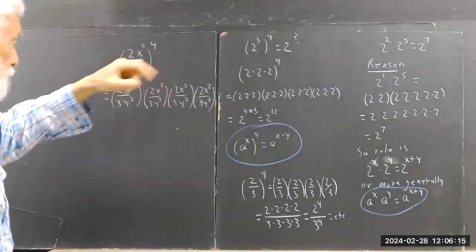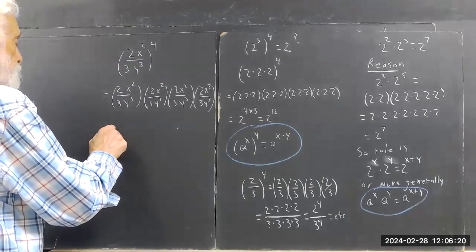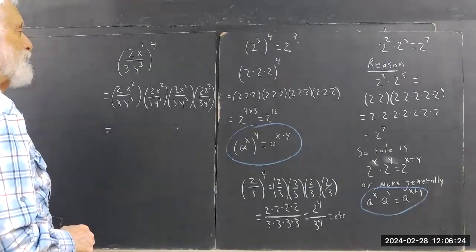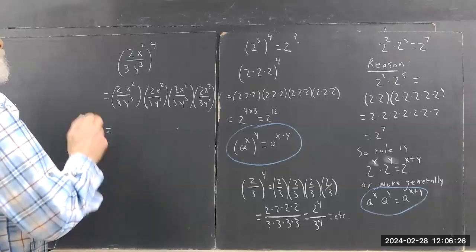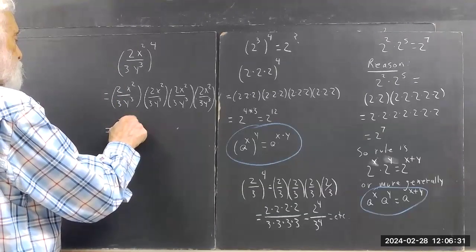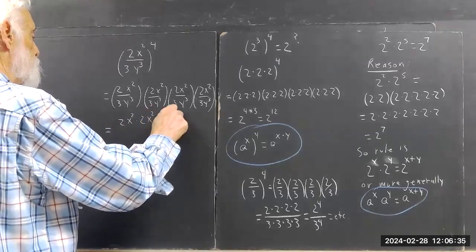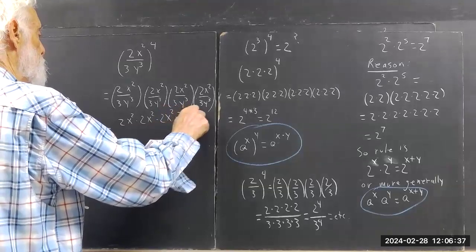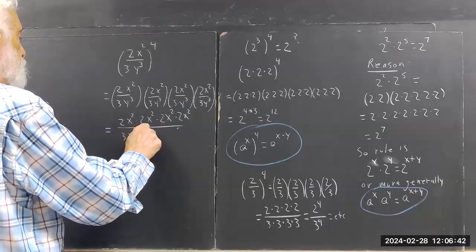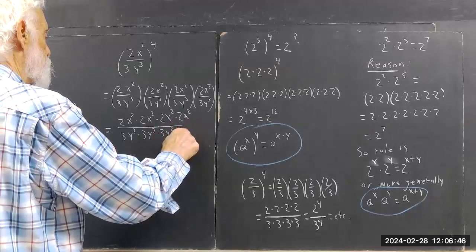We write this out 4 times as a multiplication. Okay, so now what's that equal? We can write the numerator as 2x squared times 2x squared times 2x squared times 2x squared, and the denominator as 3y cubed times 3y cubed times 3y cubed times 3y cubed.